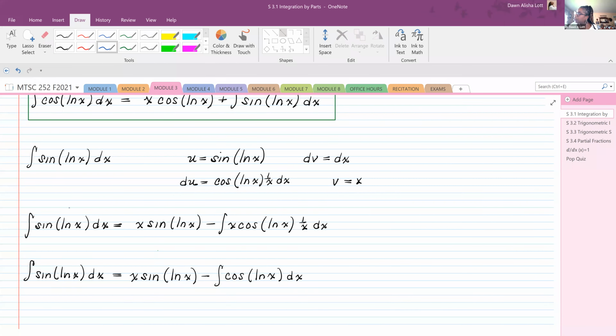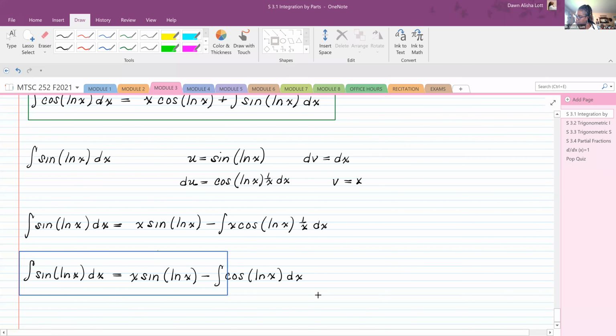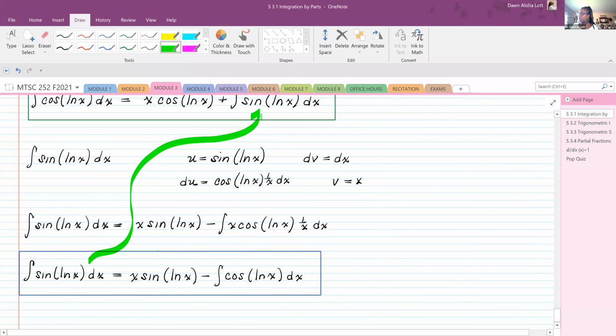Okay, so now all you need to do is make the substitution going from here into there. Does everybody see what to do?